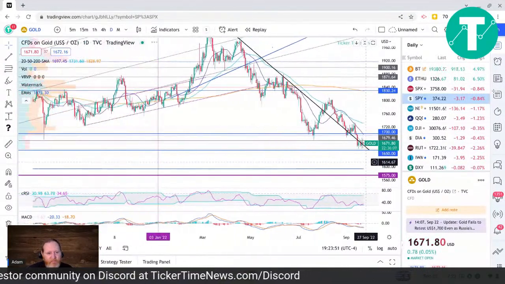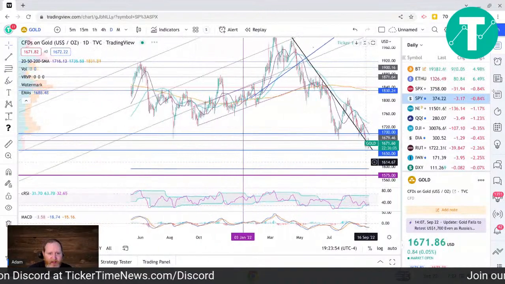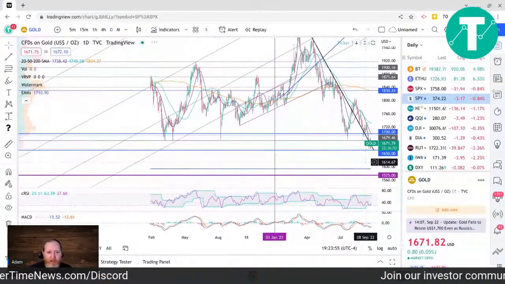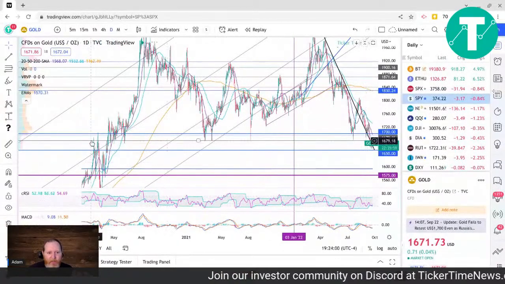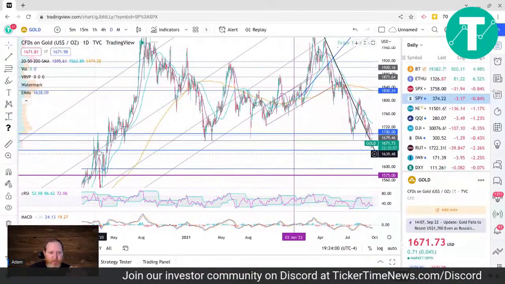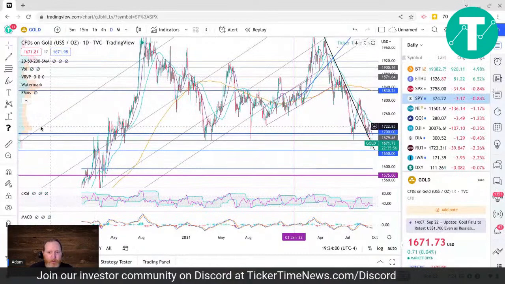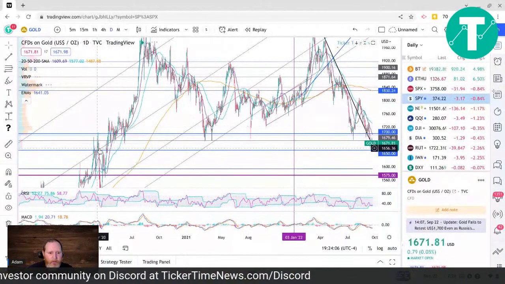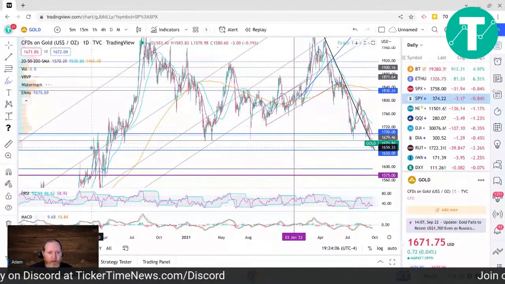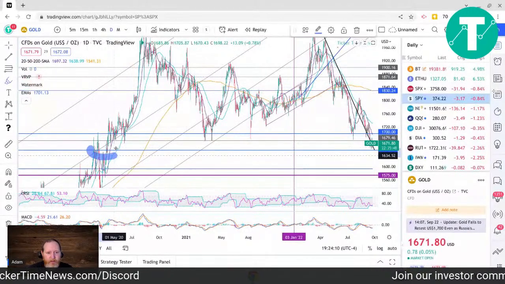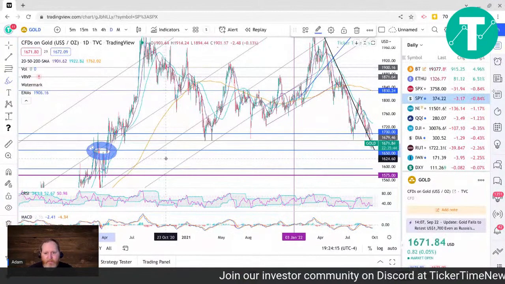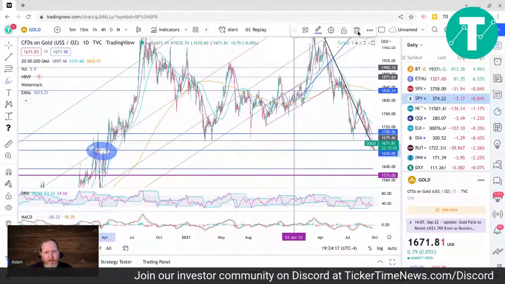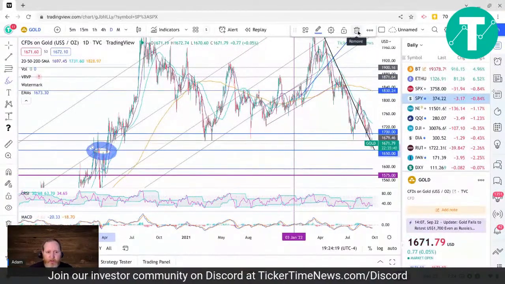If I scrunch up this chart here and we follow this 1650 line back a little bit further in time, you can see that the last time it acted as support or resistance for gold is back here in March of 2020. Okay, right here. That was the last time 1650 was any type of help supporting up gold.